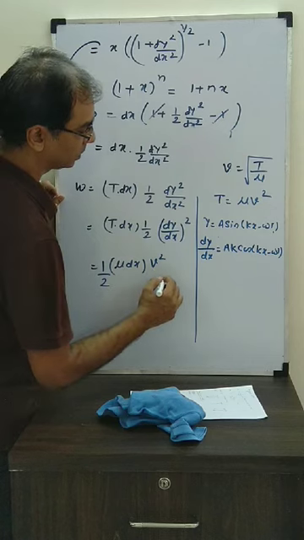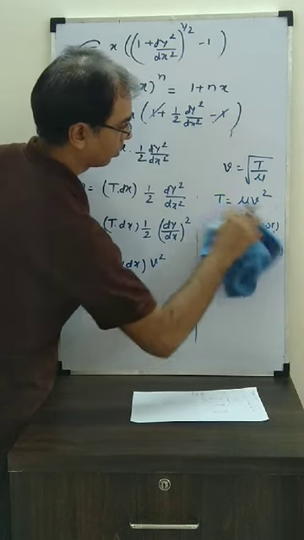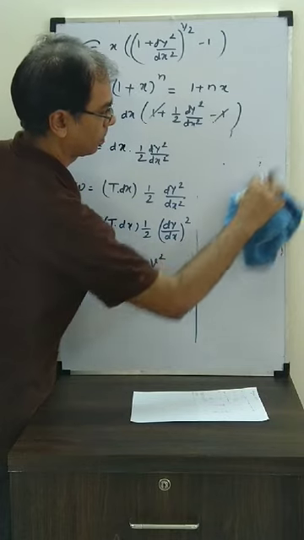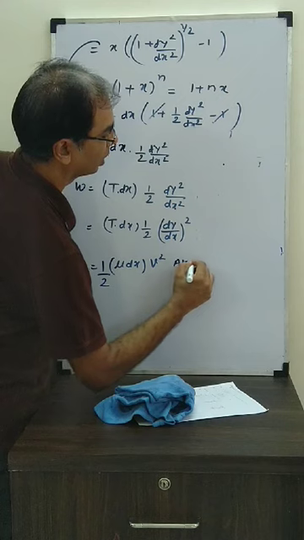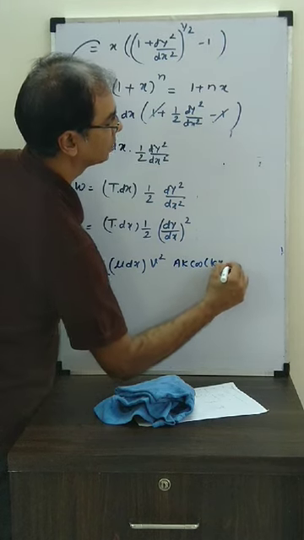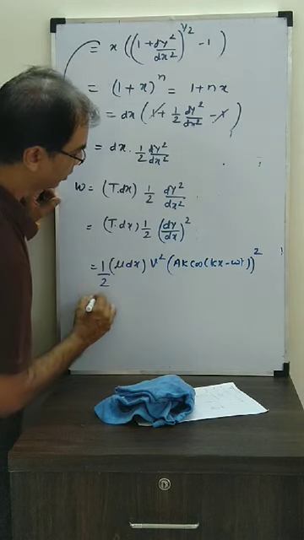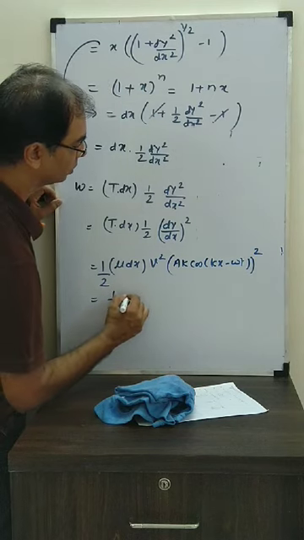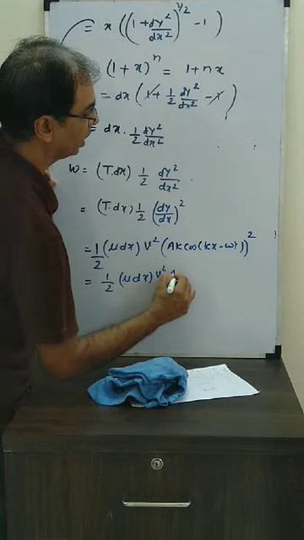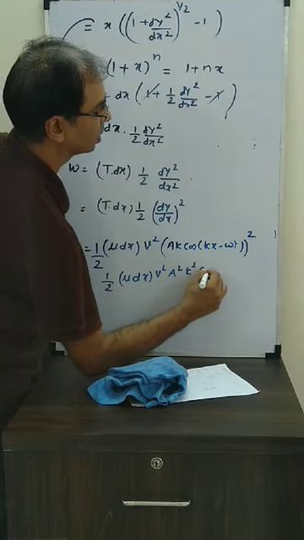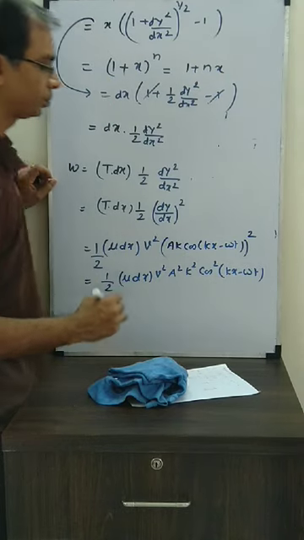So it will come as A k cos kx minus omega t whole square. Further, 1 by 2 mu dx v square A square k square cos square kx minus omega t.